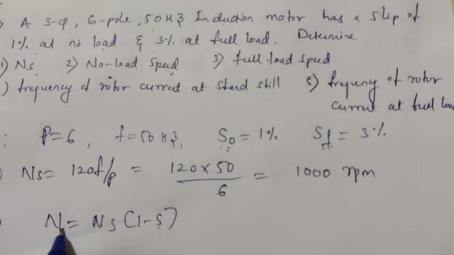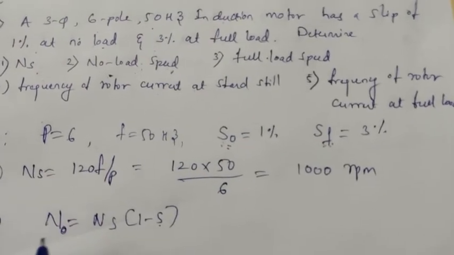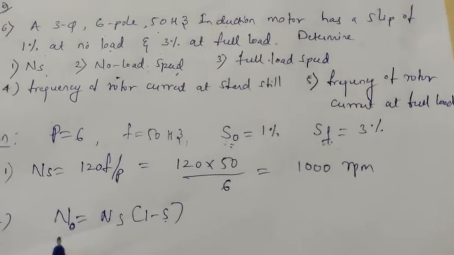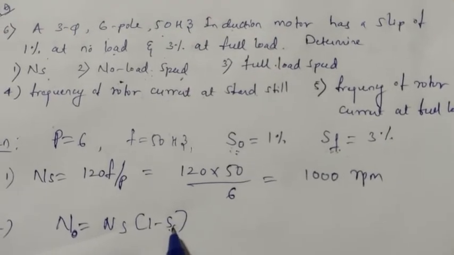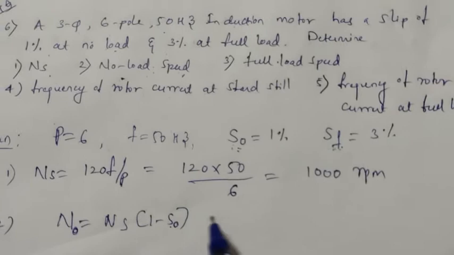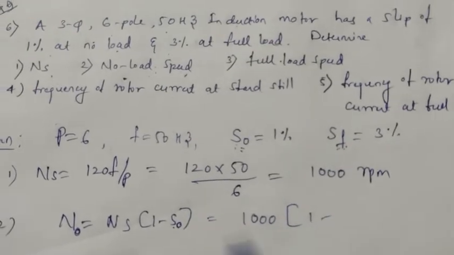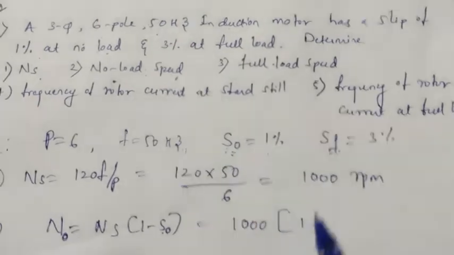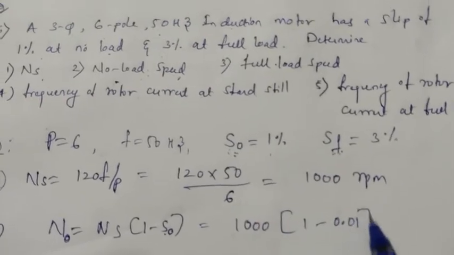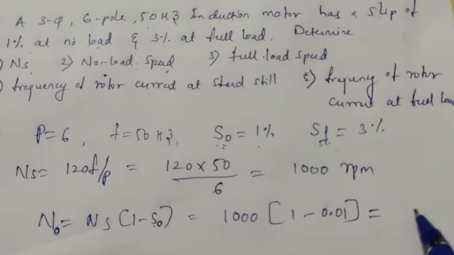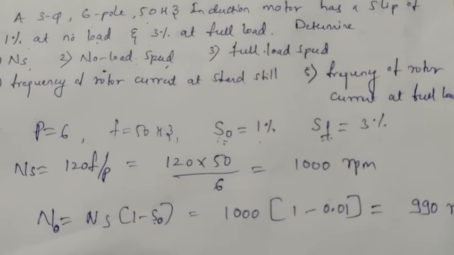No load means load is 0, so I will take N0. Obviously the slip should also be the slip at no load. So Ns is equal to 1000 RPM, 1 minus the slip at no load, 1%, means 0.01. So you will get 990 RPM.